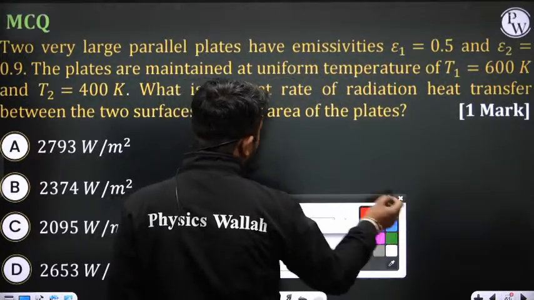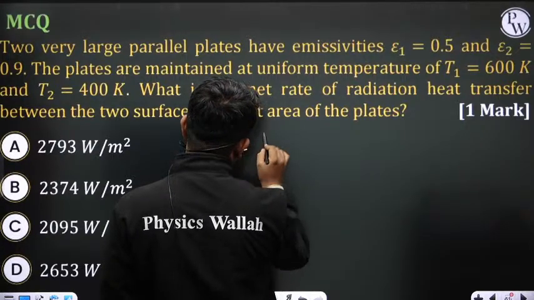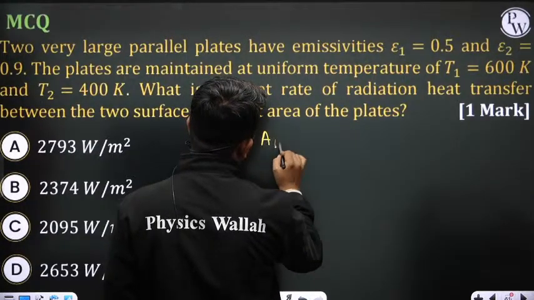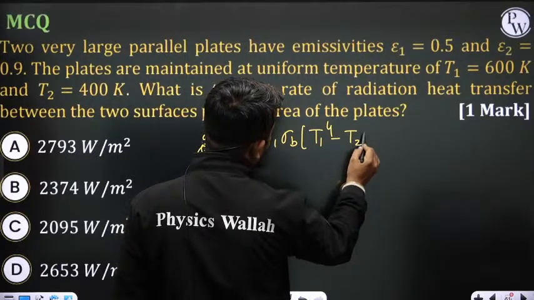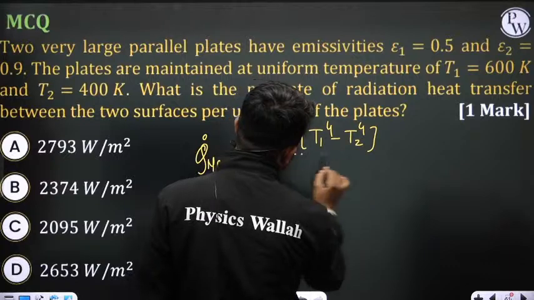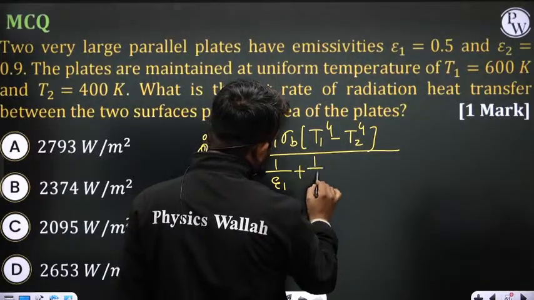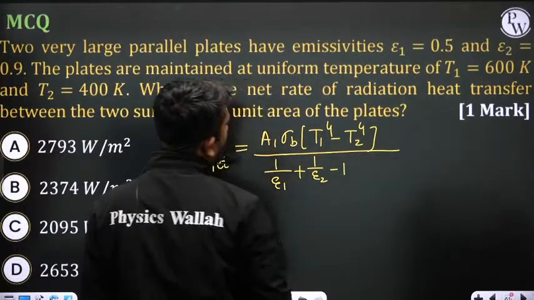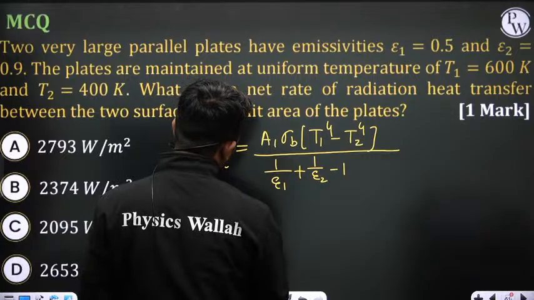This is a very simple question. Q dot net, simply we can write, is A1 sigma B (T1 to the power 4 minus T2 to the power 4) upon (1 by epsilon 1 plus 1 by epsilon 2 minus 1). In the question it is asked in watt per meter square, correct? So the area is 1 meter square.